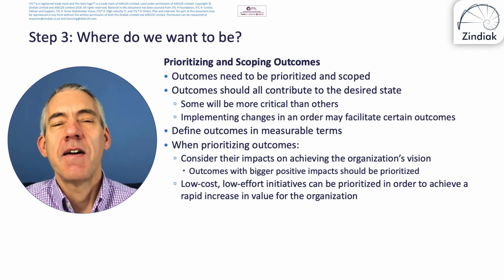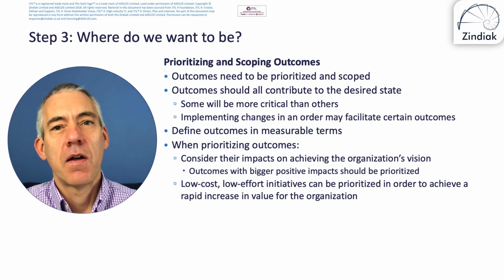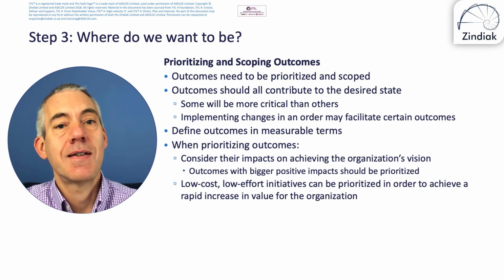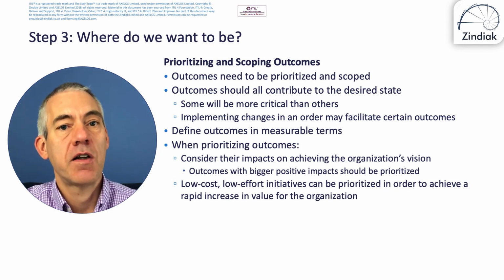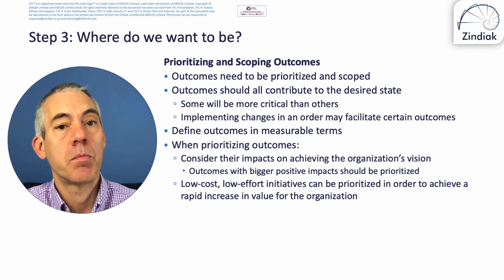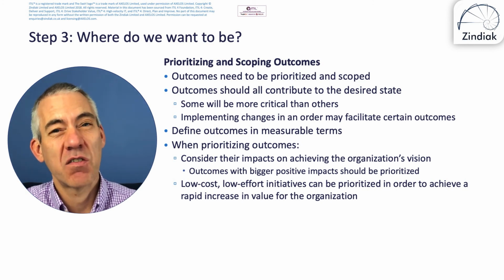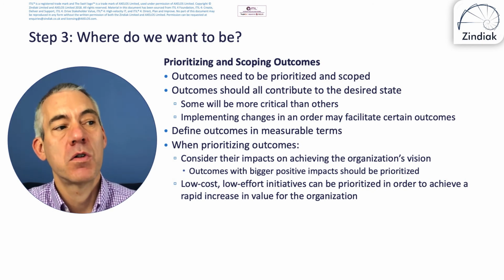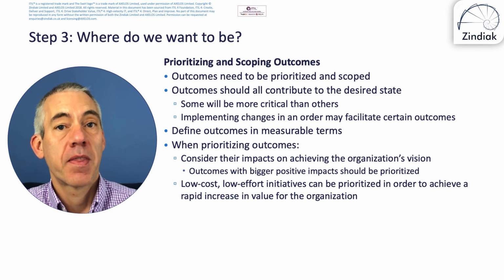And again, it can depend on the organizational context. Do you need to deliver some quick wins in order to gain stakeholder buy-in for your initiative? If stakeholders are a bit iffy about it and you feel you haven't got 100% support, you might want to deliver some quick wins.